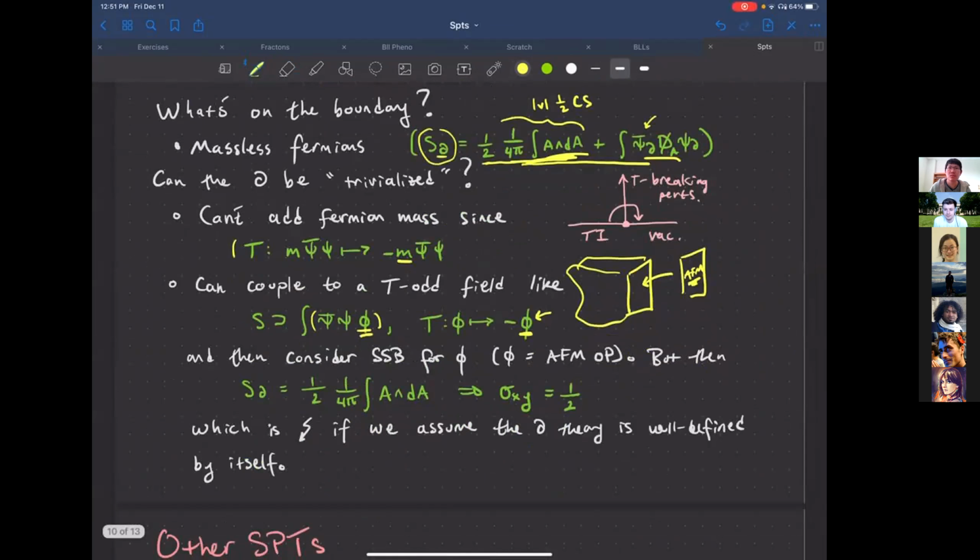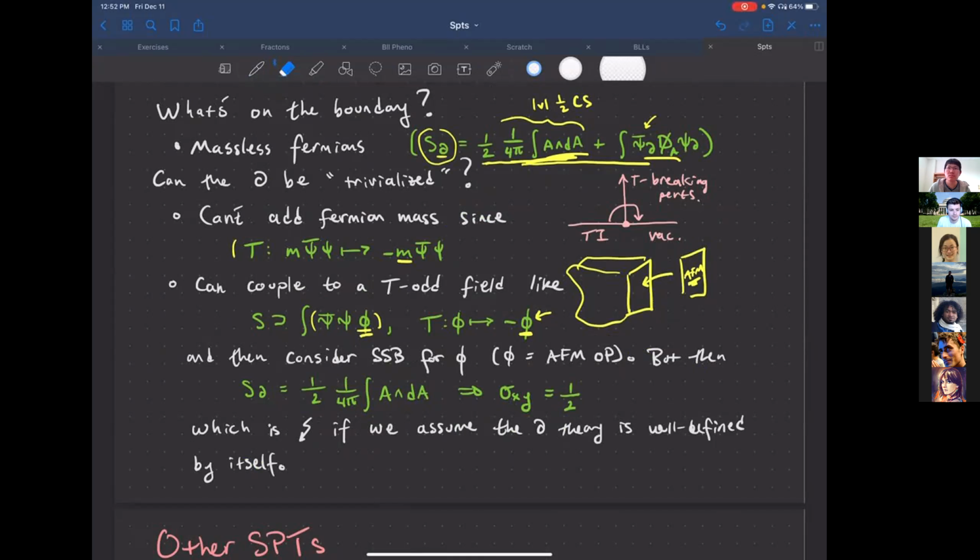So you said if you couple this fermion to a scalar field, and then you consider the spontaneous breaking of this time reversal, then phi has some average value, right? And then you want to integrate out the psi fermion.